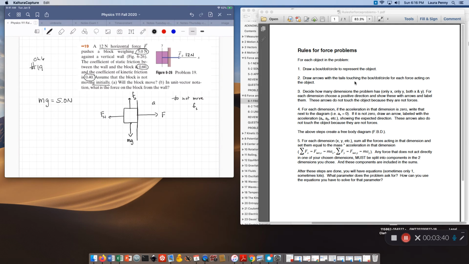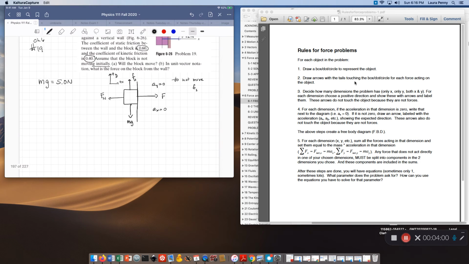That means A sub y is 0 and A sub x is 0. I kind of jumped the gun a little bit there. I should have already said that I want positive y to be up, and I'll choose positive x to be to the right. It doesn't really make any difference. You can always choose different directions, and you'll end up with the same equations at the end.